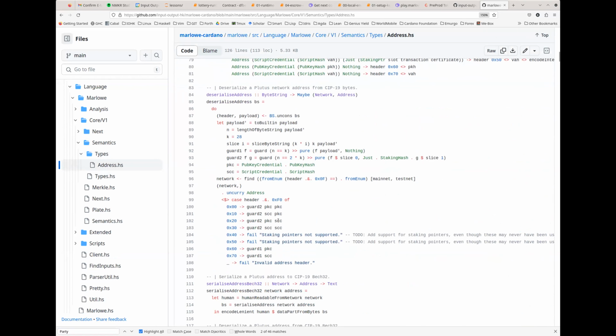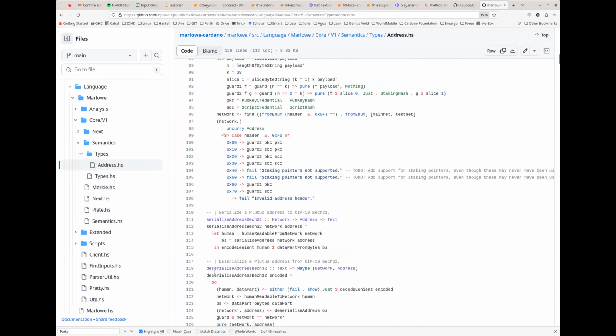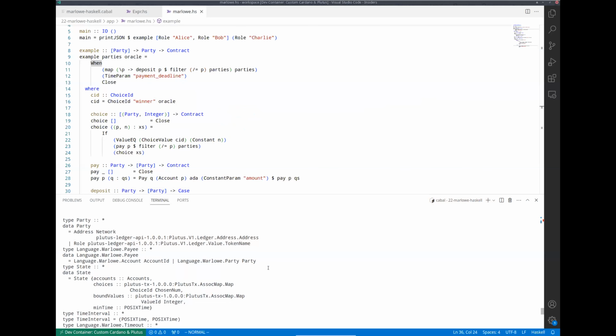Okay, deserialize address. Okay, here. This is what we want. Deserialize address bech32. Bech32 is this format that Robertino and Karina were pasting.